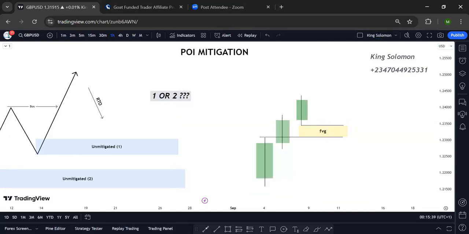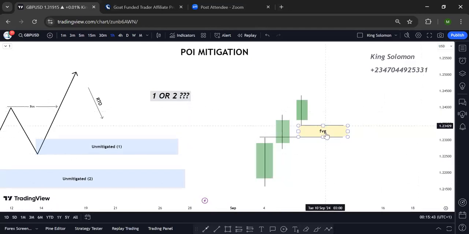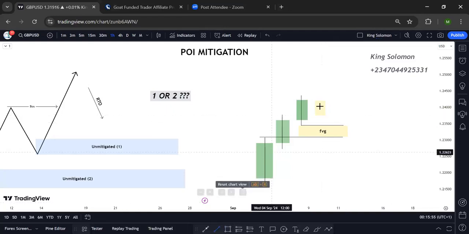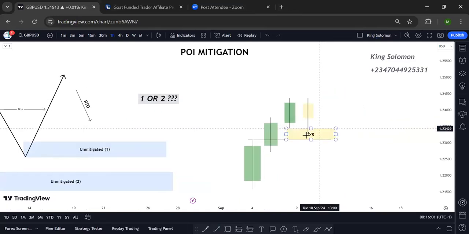So let's say a candlestick comes to tap into this FVG. Let's say we have another candlestick here. In this case, let's say it's a bearish candlestick, right? And then either the body or the wick of the candlestick comes to tap into the FVG. You can see the space has been closed. That means the FVG has been closed.